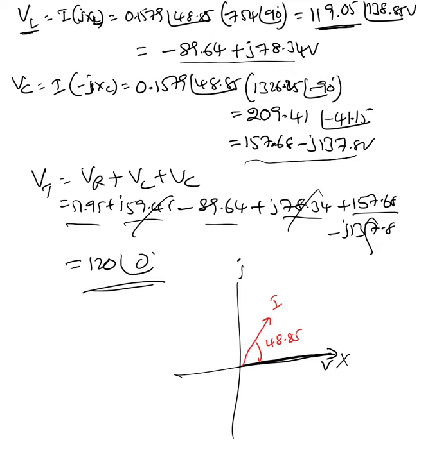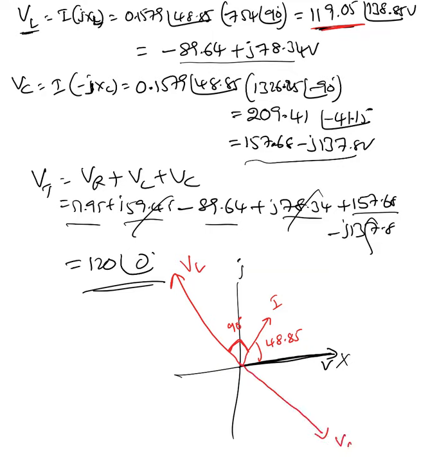Now VL is 119.05 at an angle of 138.85, so it's going to be somewhere here. That's VL. For sure, the angle between these two must be 90 degrees. And VC is going to be exactly opposite.